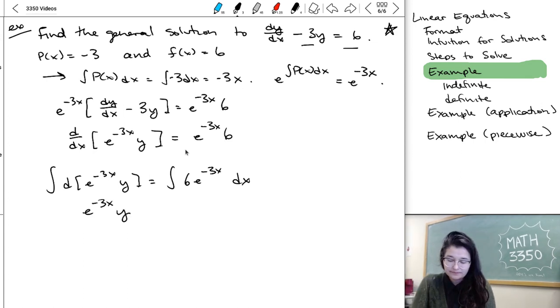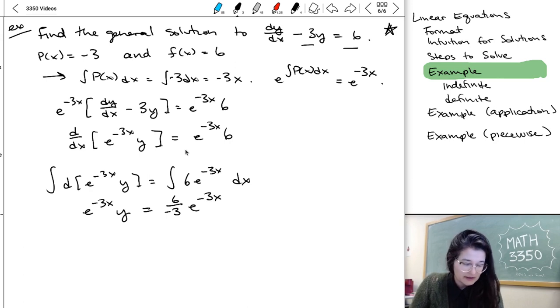And then integrating the right side is just evaluating a negative exponential integral. So it's going to be 6 divided by whatever's inside the exponent, and then the exponent stays unchanged. And we remember that we have an unknown constant, and you can think about that as being the combination of the constant on the left and the right.